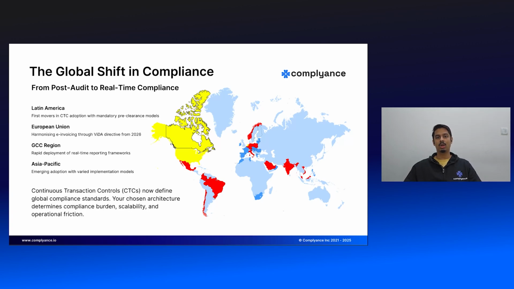If you see many countries in Latin America, where tax gaps and tax frauds were very high, they implemented e-invoicing with the CTC model to begin with. Whereas European countries adopted e-invoicing without the CTC model, and now they are shifting to it. Before the CTC model, they were using the post-audit method of reporting to the government, and now they are shifting the four corner models to a CTC model.